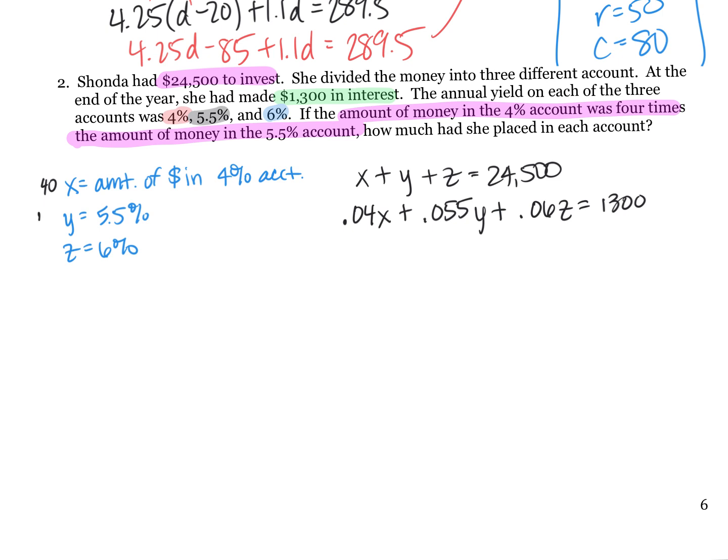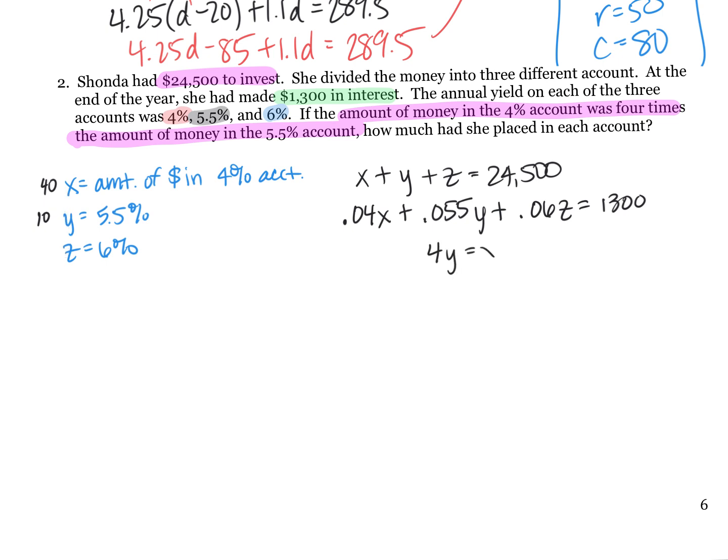Because it says 4 times the amount of money in the 5.5%, 10 times 4 would get me that. So do I want to say 4x equals y, or 4y equals x? 4 times 10 is going to get me 40, so 4 times y is going to get me x. Good job, you guys.